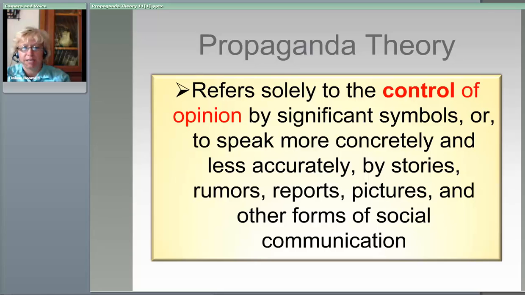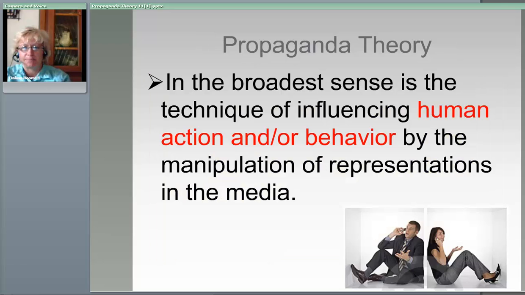So what you need to recognize with the propaganda theory is the control of opinion. In the broadest sense, it is the technique of influencing human action and or behavior by the manipulation of representations in the media.